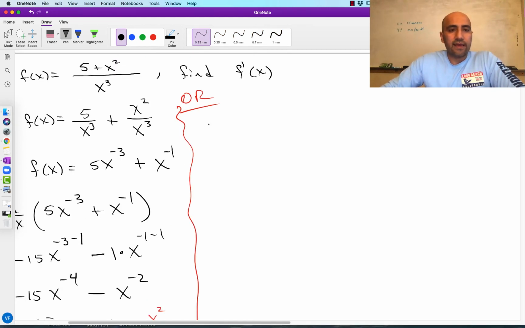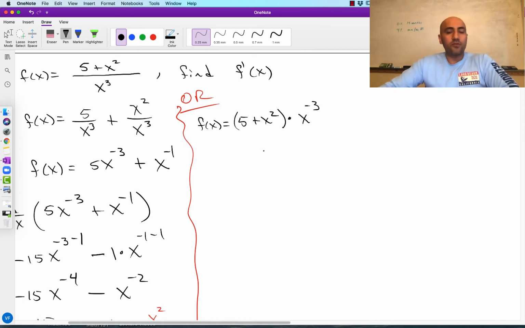So we could say that instead of thinking of our f of x function like this, we could say that f of x is actually equal to 5 plus x squared times x to the negative 3. And so now we have a multiplication. So we can use our product rule. So now let's apply our product rule.